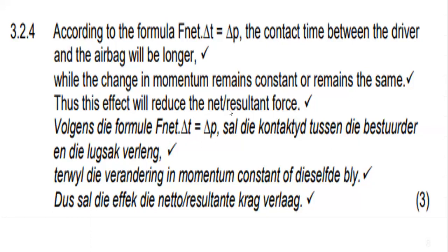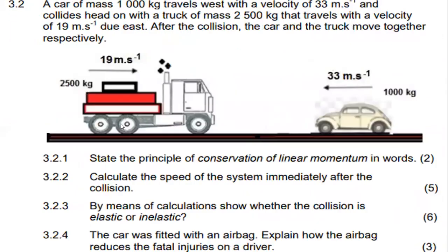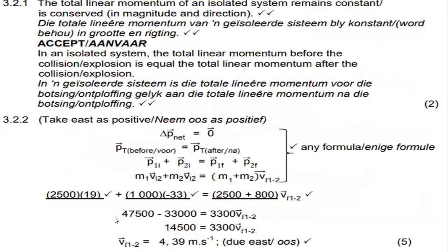So that is essentially how airbags work. They increase the contact time for the same change in momentum and thereby decrease the net force. Are we together? Right. So that was question 3.2.4. Right, we continue.